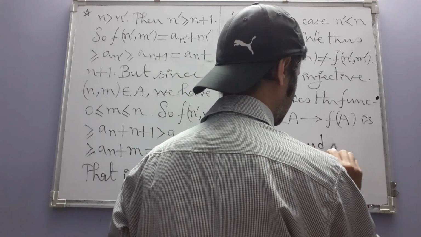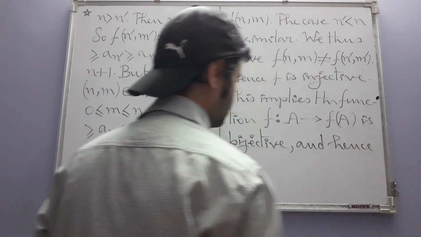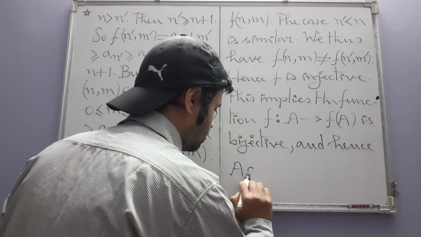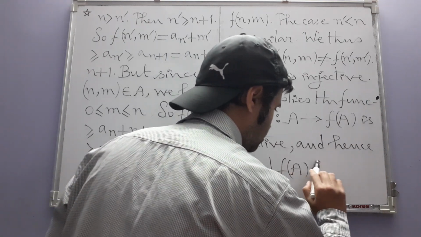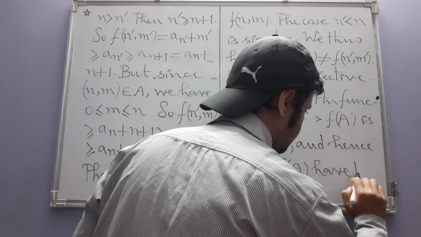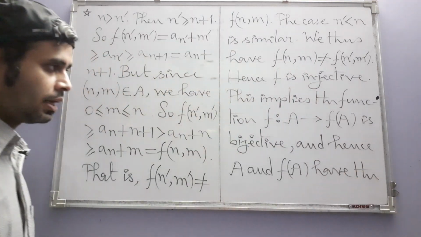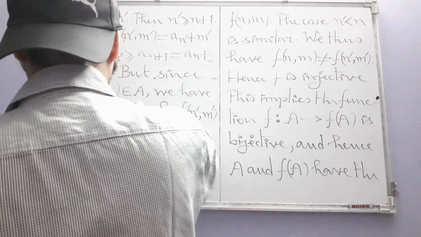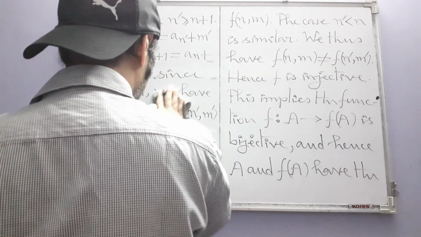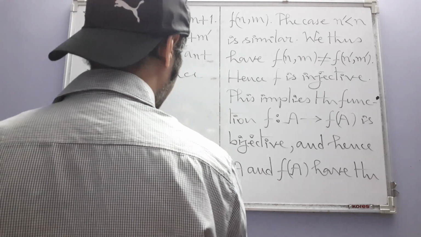And hence A and f of A have the same cardinality because there is a bijection between them, or more loosely speaking, they have the same size.